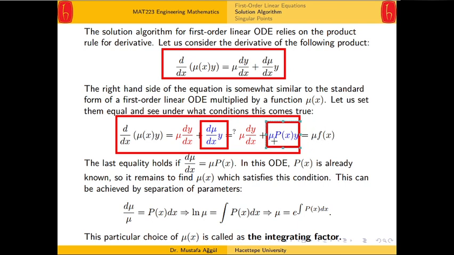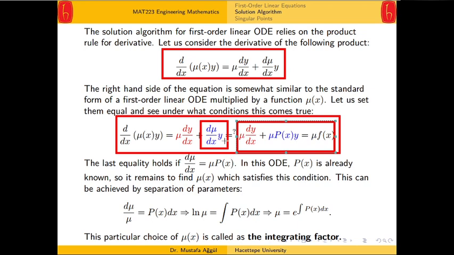Also this is from the equation, this part. Let's remove this and extend this rectangle a little bit, and this is basically equal to the original ODE itself. So this is the original ODE multiplied by some mu.